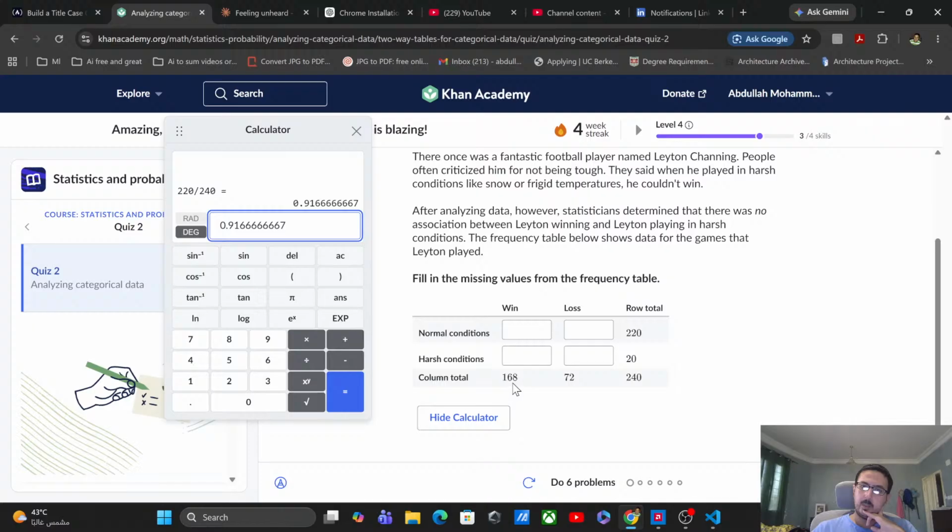Also 91 over here. How are we going to divide it? 91%. 72.